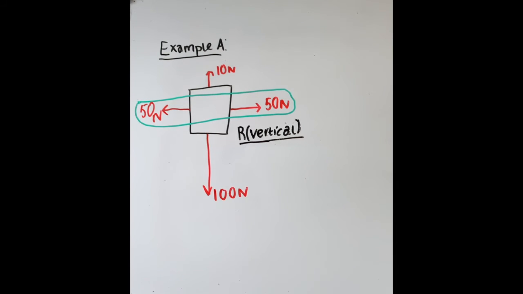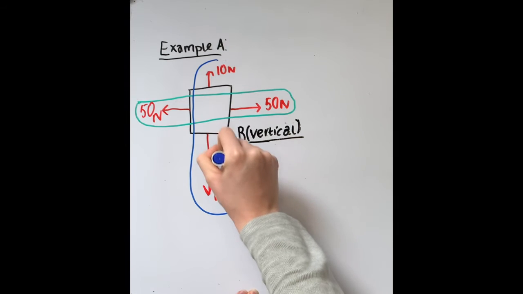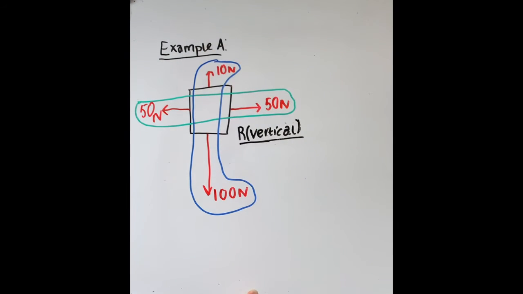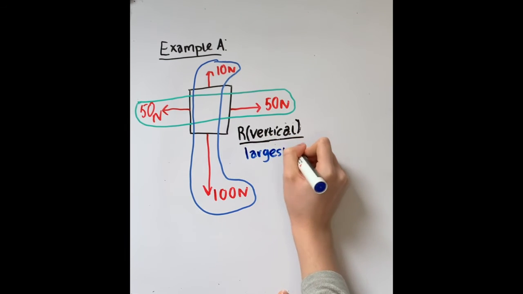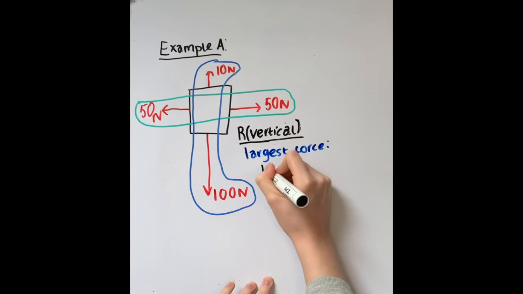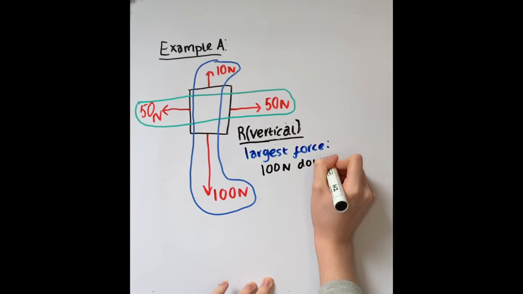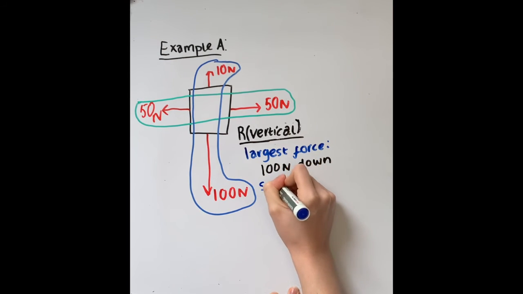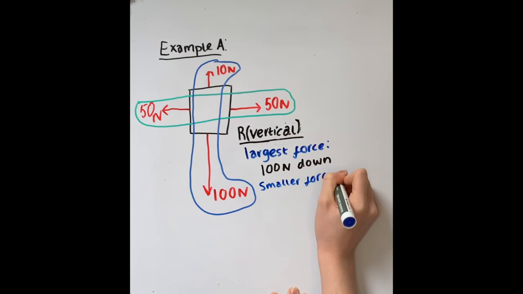So now let's look at the vertical components of force, which you can see where I've circled the forces in blue. We have 10 newtons acting upwards and 100 newtons acting downwards. The way that we can find the resultant force is first by using a bit of intuition. So we can see the largest force is acting downwards and the smaller force is acting upwards. The resultant force will be acting downwards.